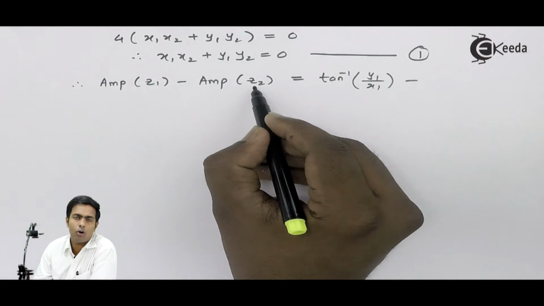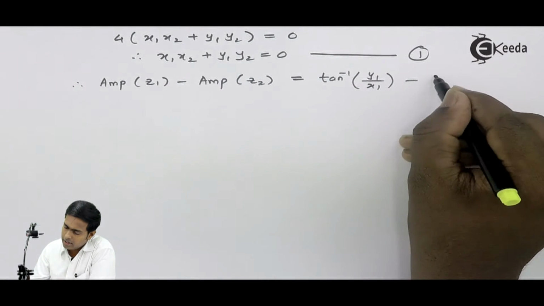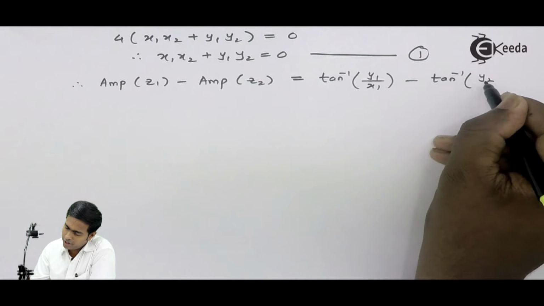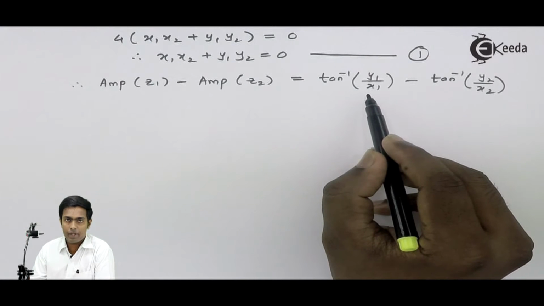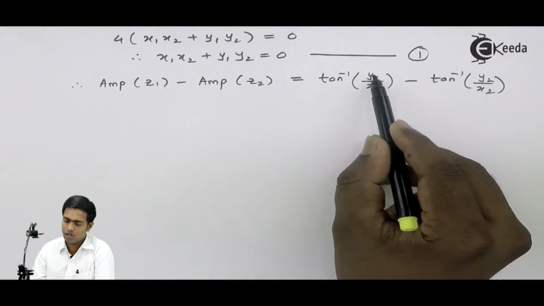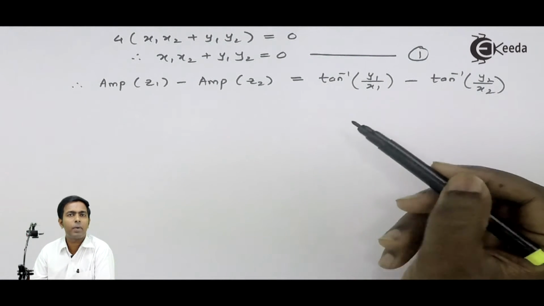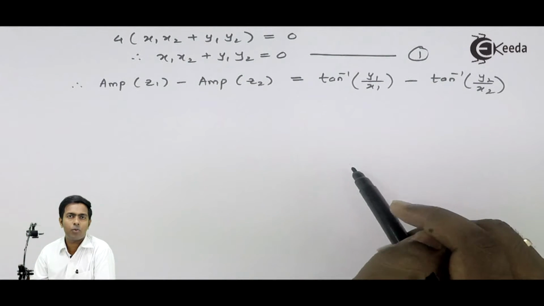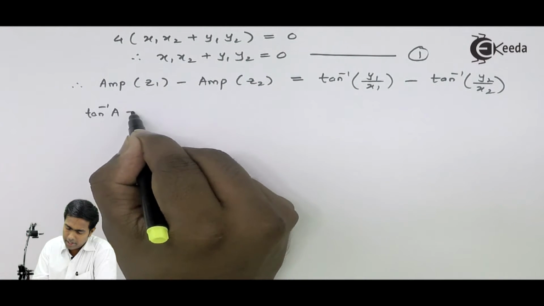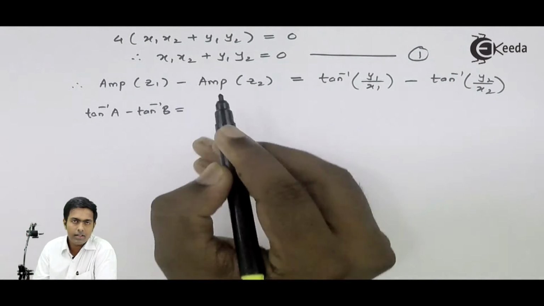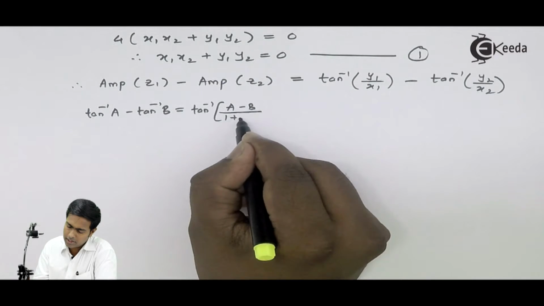Similarly, जो सेकेंड कॉम्प्लेक्स नंबर हमने लिया था Z2 वो था x2 plus iy2, तो उसका एम्पलीट्यूड आएगा tan इनवर्स ऑफ y2 upon x2. अभी अगर आप यहां पे देखेंगे तो यहां पे हमें एक फॉर्मूला मिल गया tan इनवर्स ऑफ a माइनस tan इनवर्स ऑफ b. तो उस फॉर्मूला को हम अप्लाई करके इस वैल्यू को देखेंगे क्या वो पाई बाय 2 आता है क्या, राइट. सो tan इनवर्स a माइनस tan इनवर्स b का फॉर्मूला क्या है, इट इज tan इनवर्स a माइनस b अपॉन 1 प्लस ab.